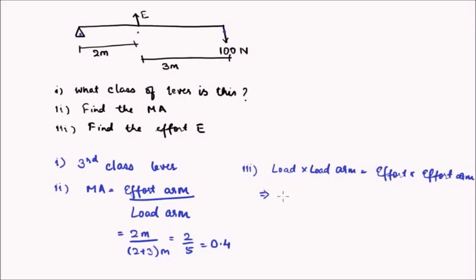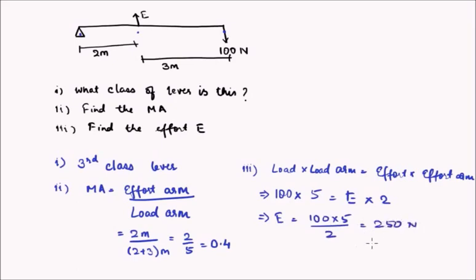Load is 100 Newton. Load arm is the total distance, that is 5 meter. Effort is unknown E, and effort arm is 2 meter. Effort and fulcrum distance 2 meter. This will give me effort as 100 times 5 upon 2, and that is 250 Newton.